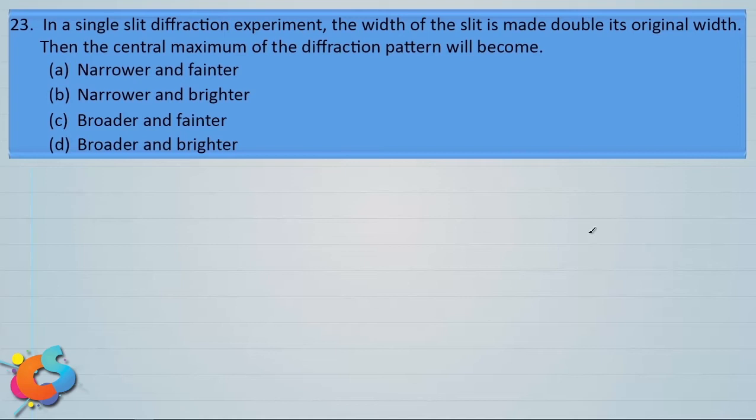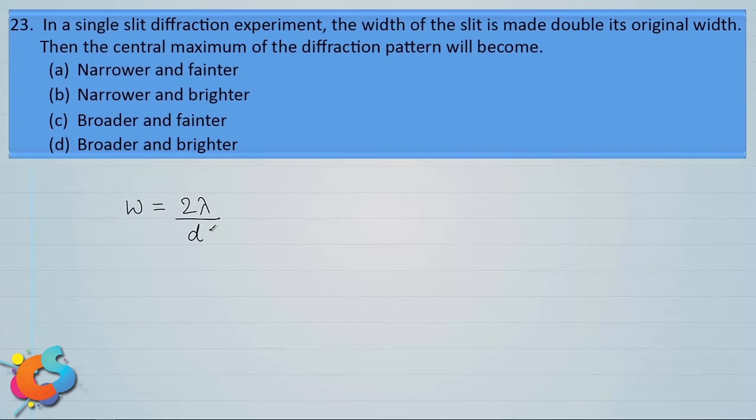We have an idea of the width of the central maximum, which is given by W equal to 2 lambda divided by d, or a. Here d indicates the slit width, or the width of the single slit.